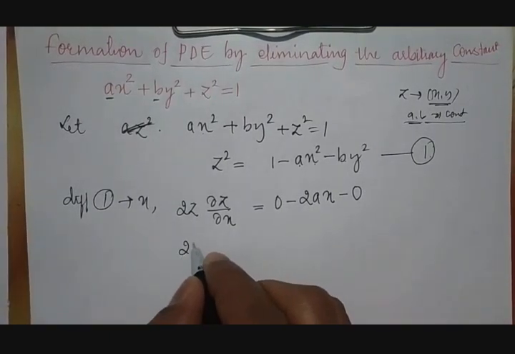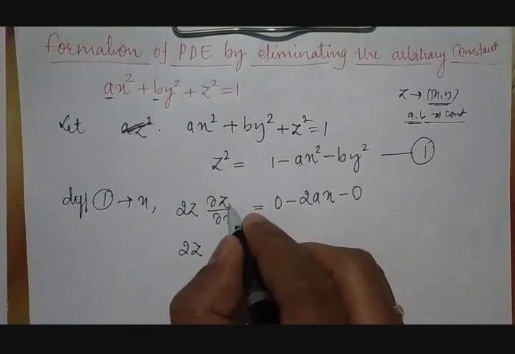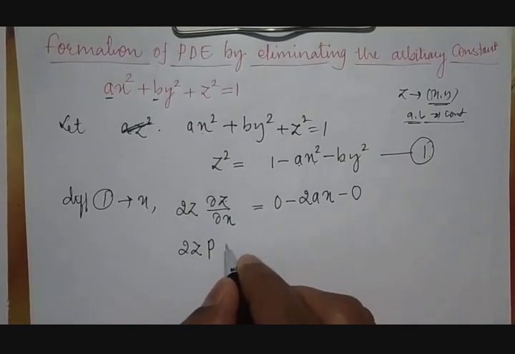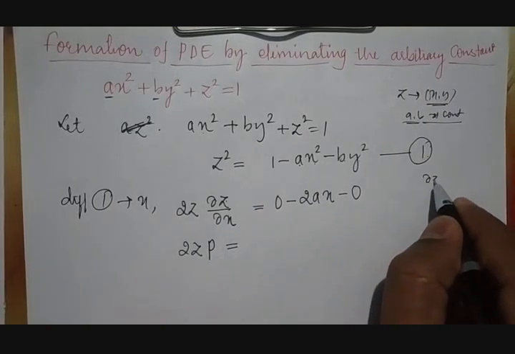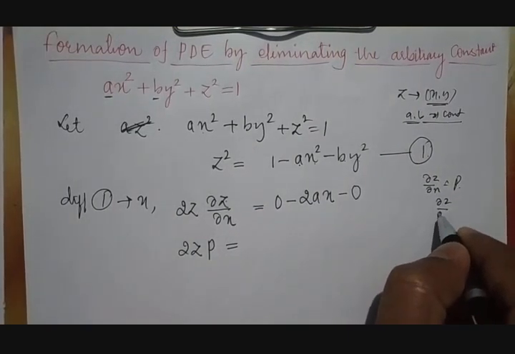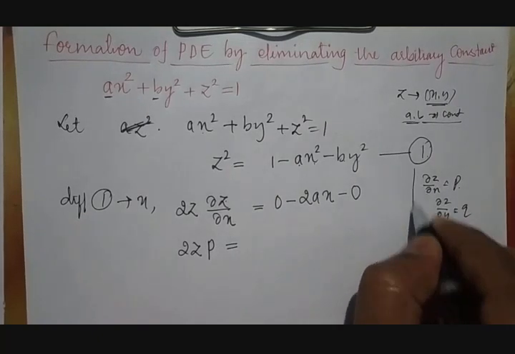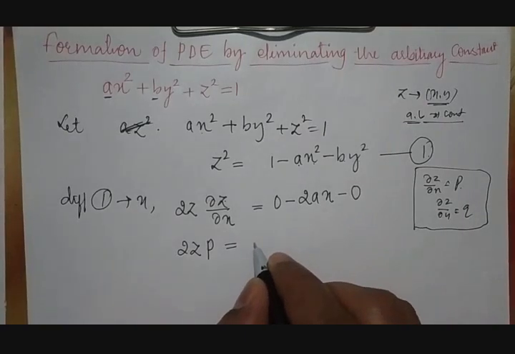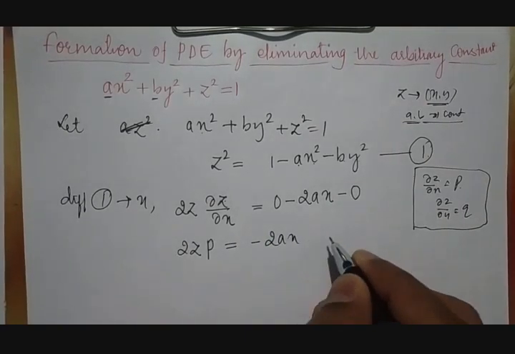Therefore it is 2z, and we take dou z by dou x as the notation p. Here dou z by dou x is equal to p, and dou z by dou y will be taken as notation q. So this is equal to minus 2ax.